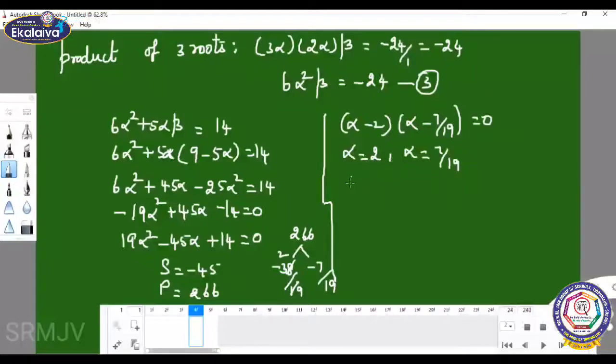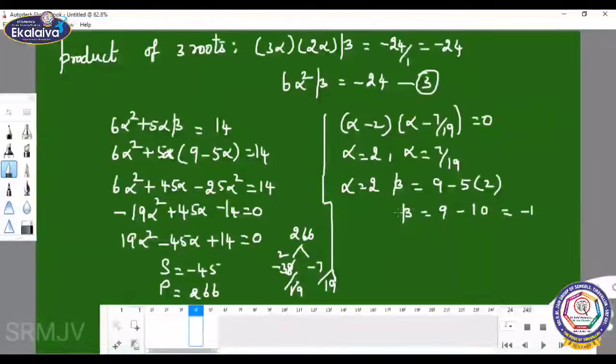If alpha equal to 2, what is the value of beta? Beta equal to 9 minus 5 into 2. Beta equal to 9 minus 10, it gives minus 1.